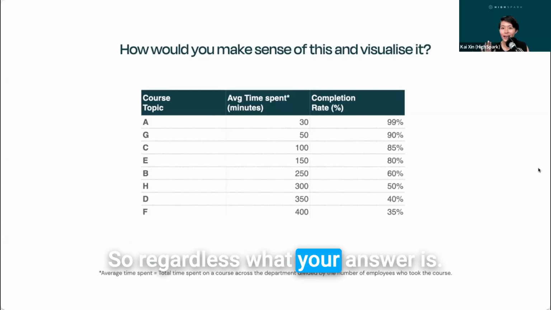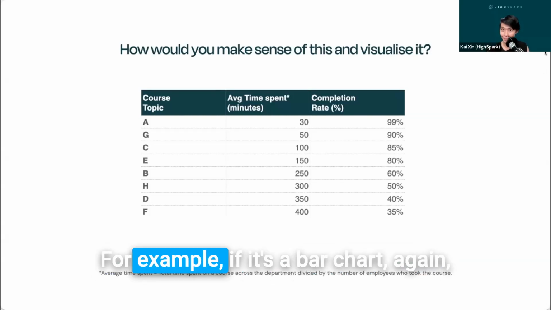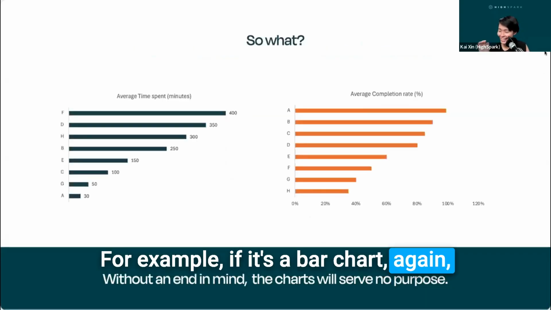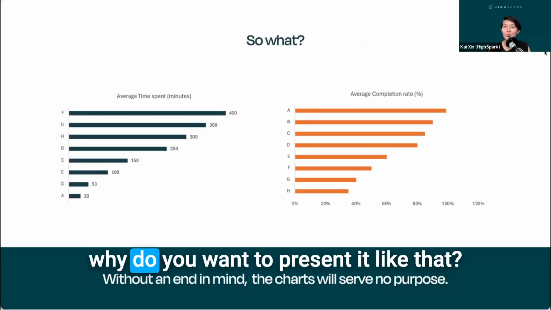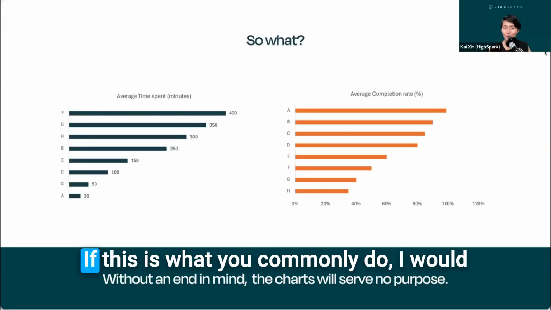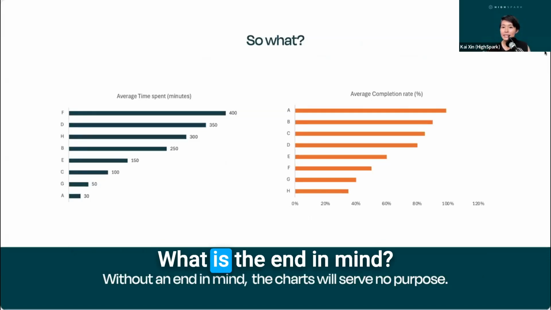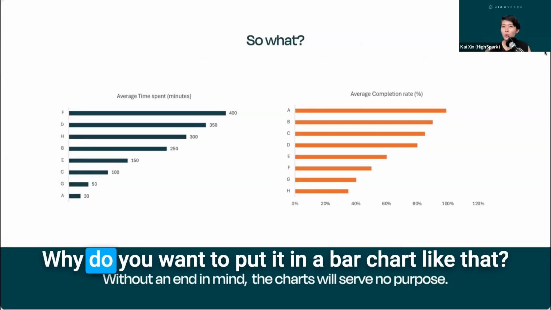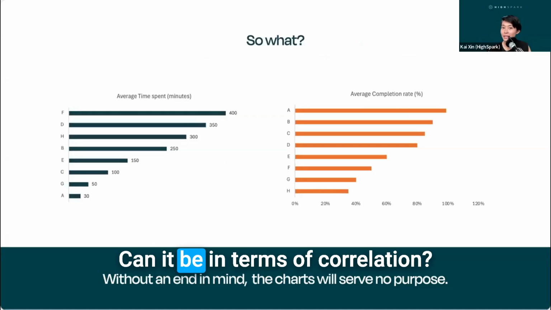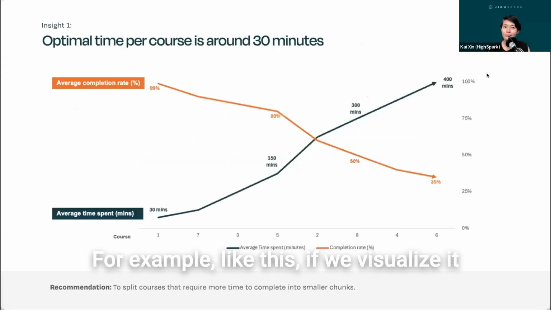So regardless of what your answer is, for example, if it's a bar chart, again, why do you want to present it like that? If this is what you commonly do, I would like to invite you to think a little bit deeper. What is the end in mind? Why do you want to put it in a bar chart like that? Can it be in terms of correlation? For example, like this.